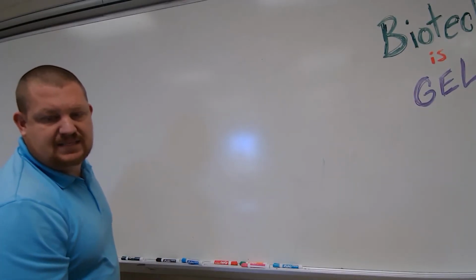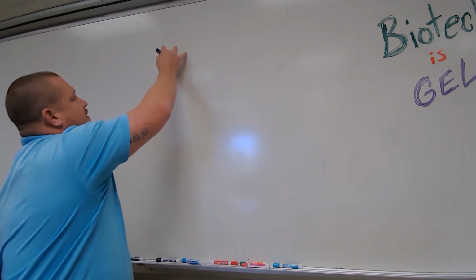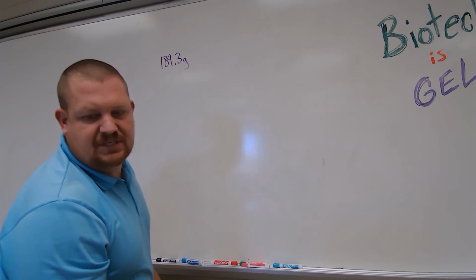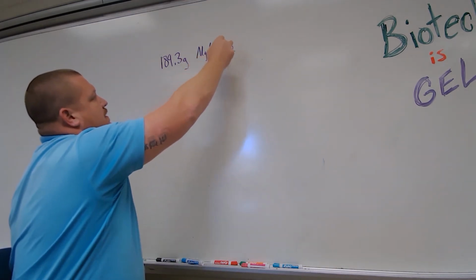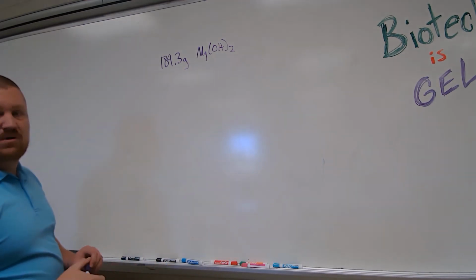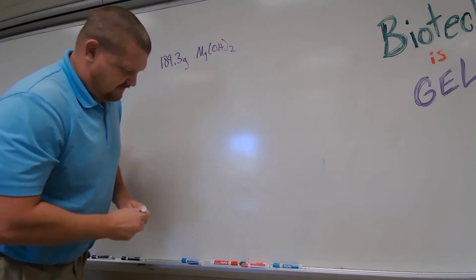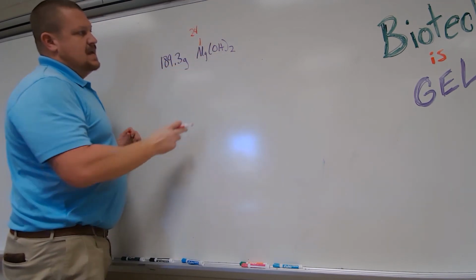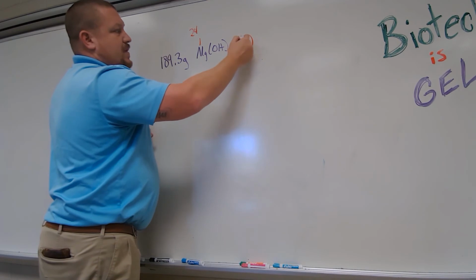Number 9 is how many moles are in 189.3 grams of Mg(OH)2, magnesium hydroxide. Okay. So first up, molar mass. Mg's 24. Now what this 2 means, right, is there are 2 OHs.